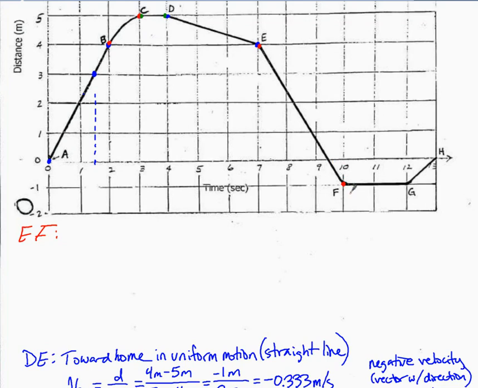And then we kept going. And it looks like a straight line to me. Uniform motion. Straight line means uniform motion. So let's write in what we think is going on here. We are going toward home, and passing home. We went a little too far. Straight line tells us it's in uniform motion.